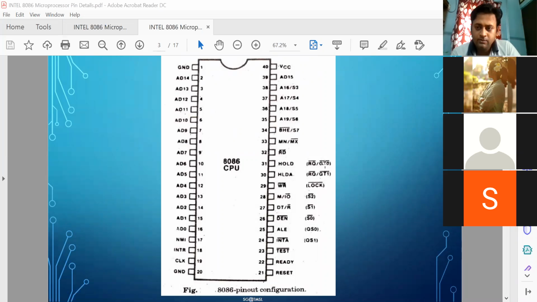Sir, there was a doubt that in the pipelining architecture, when the execute and fetch are going on, sometimes it stops. I can't understand your question, please make it clear. In the execution and fetch operation of the pipelining architecture, sometimes the execution and fetch is stopped. Why does it occur like that? Execution is not stopped in any way.